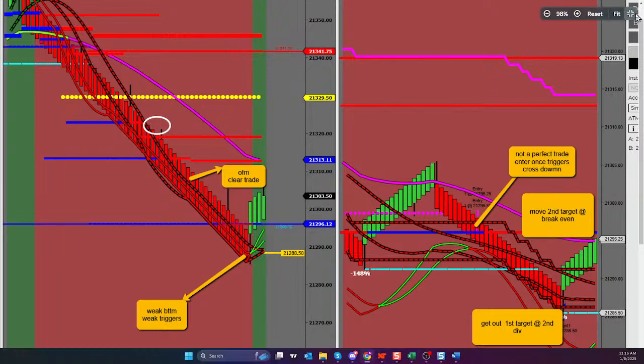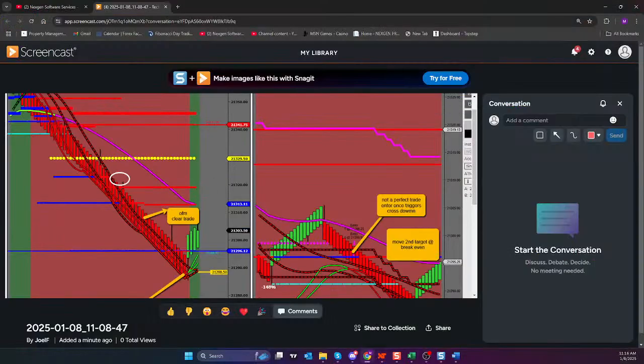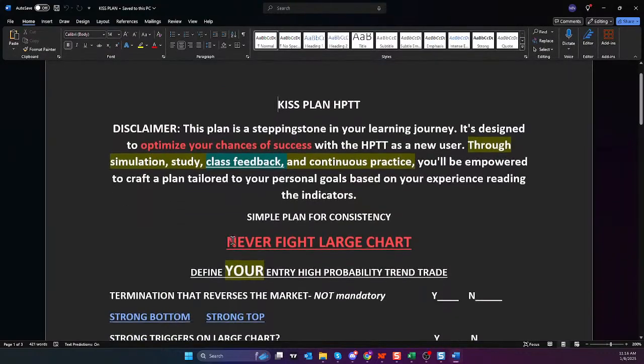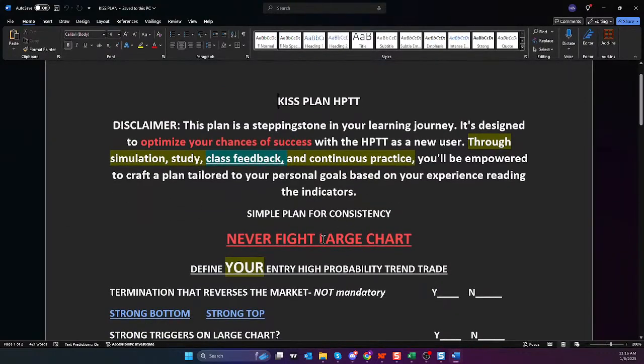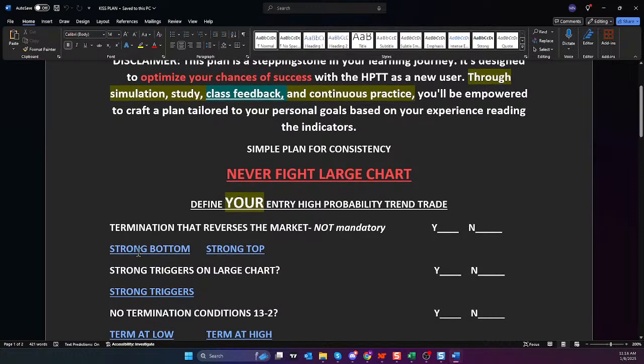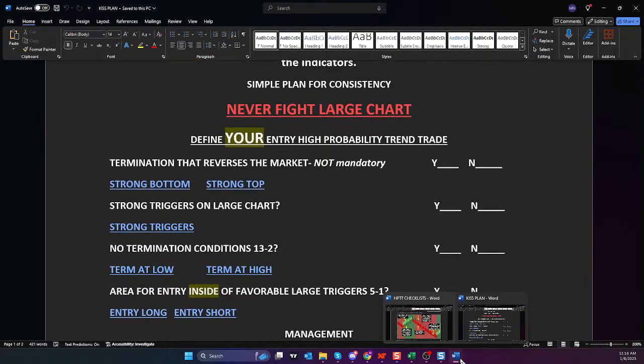So when people show me charts like this, if you ever tell me, Mark, I'm struggling a little bit, I'm not doing like I want to be doing, I feel like I'm working my way backwards, and everybody does it, that's where I say go back to the KISS plan. And even the KISS plan has the pictures. What you'll find, guys, is that the recipe isn't really difficult.